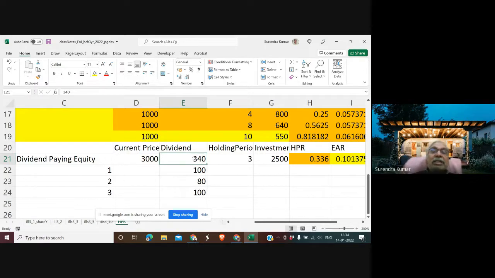And that is why it is an easier calculation in the case of a company which is not paying dividend. Because everything is incorporated in the price of the share. Dividend need not be incorporated because dividend is zero. But the profit that the company is earning is getting reflected in the price that it is getting in the market.